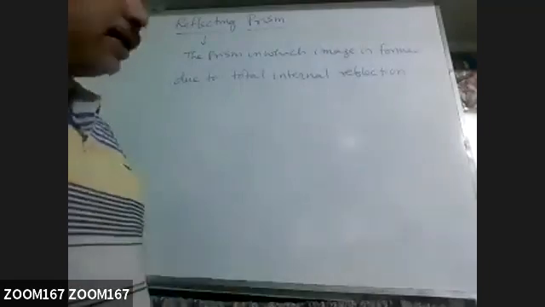In this type of prism, total internal reflection will take place. Generally, a right angle isosceles prism we take as a reflecting prism. That is, one angle is 90 degrees, another is 45 degrees, and the other is also 45 degrees.